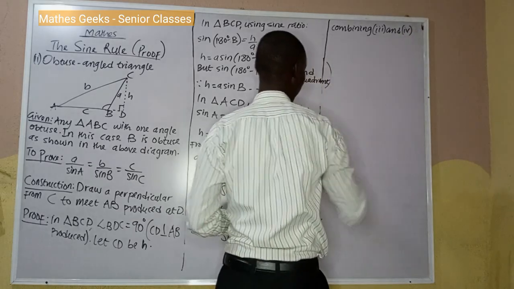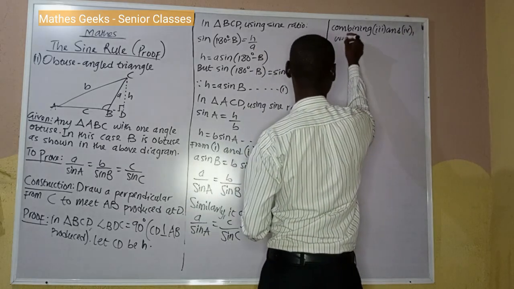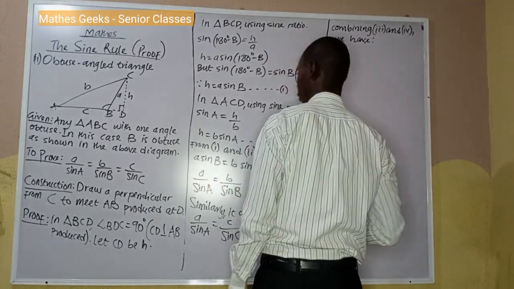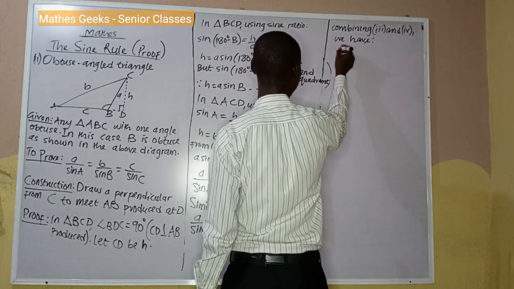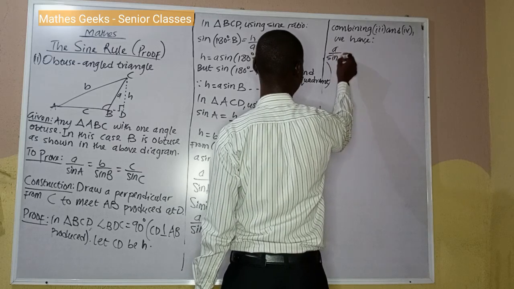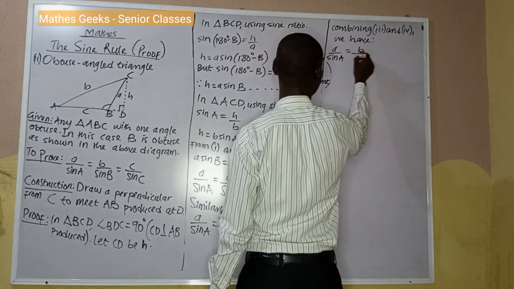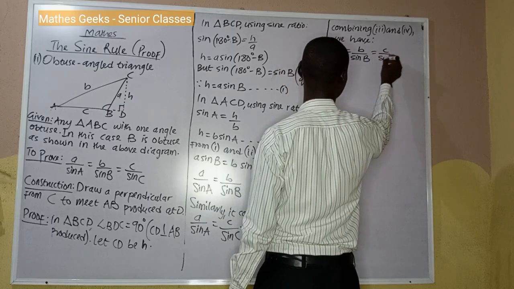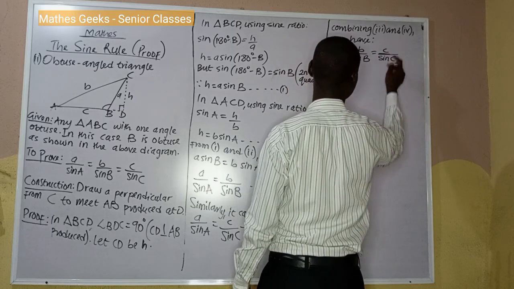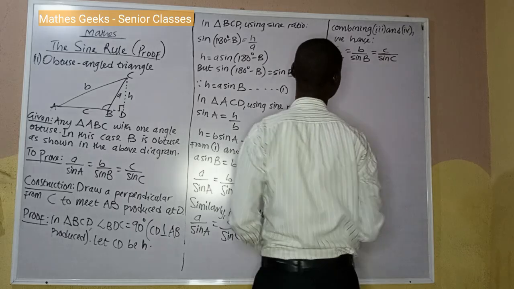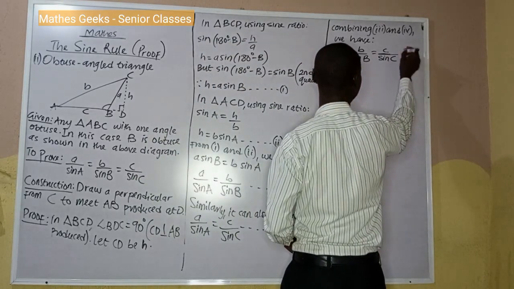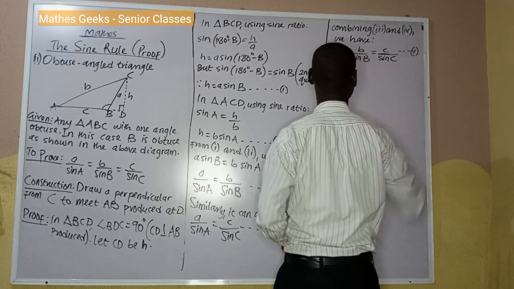So combining 3 and 4, we have a over sine A equal to b over sine B is equal to c over sine C. Okay, so we call this equation 5.